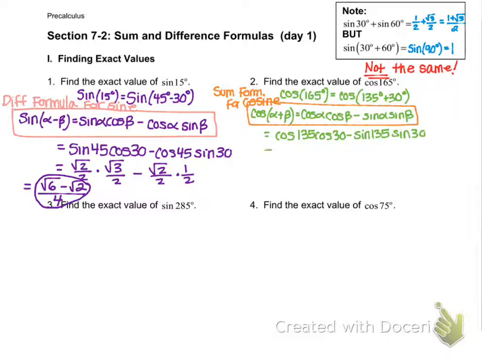And from the unit circle, each of those values give you negative root 2 over 2 times root 3 over 2 minus root 2 over 2 times 1/2. And this simplifies into negative root 6 minus root 2 over 4.